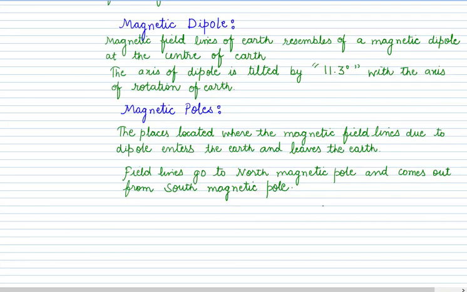So if you draw the diagram of our Earth, this is the north magnetic pole and this is the south magnetic pole. Because we consider a magnetic dipole at the center, though actually it does not exist, but due to the properties of the magnetic field lines, we consider it as a magnetic dipole. So here is magnetic north and here is the magnetic south.